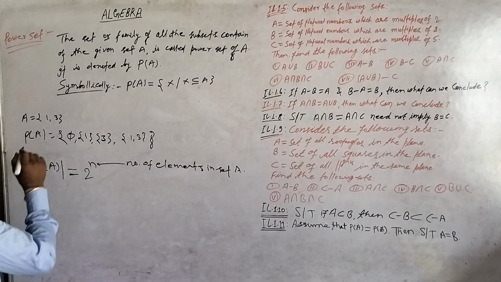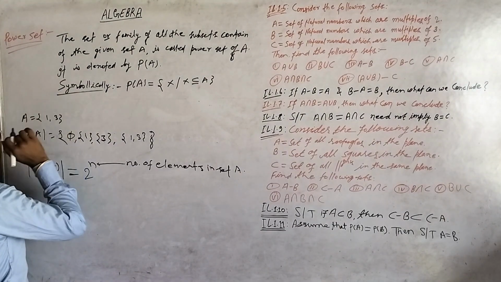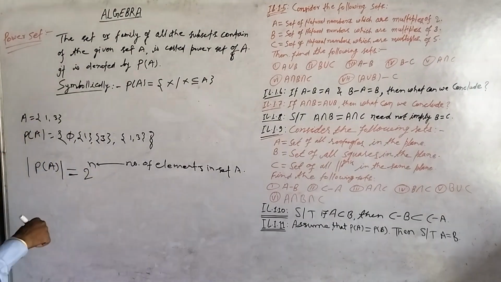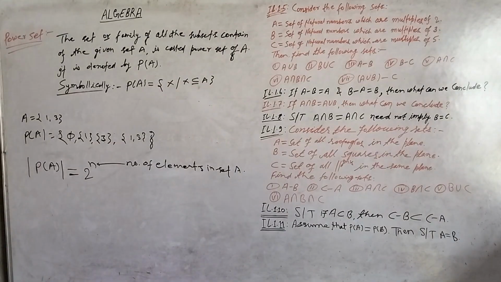Okay, and we write another thing, the total number of elements, the cardinality, is here. Also one point is mentioned here.